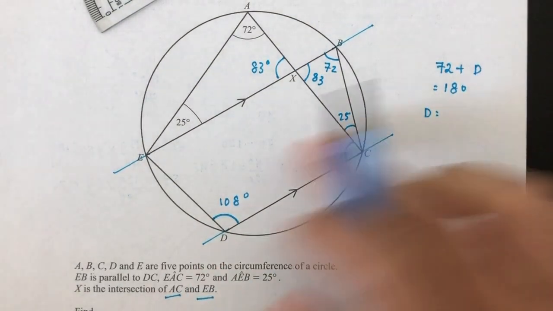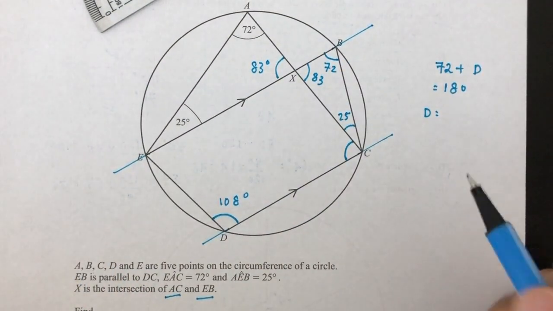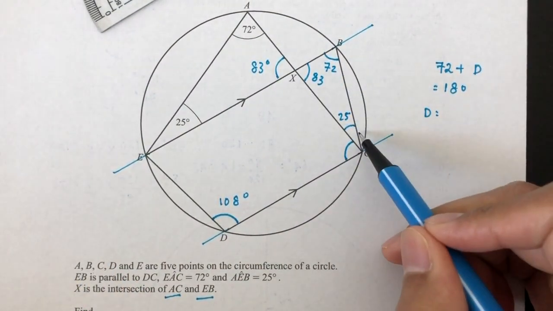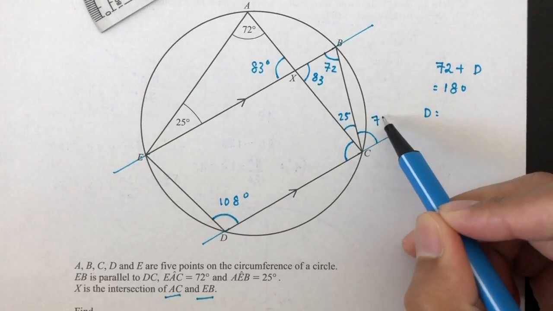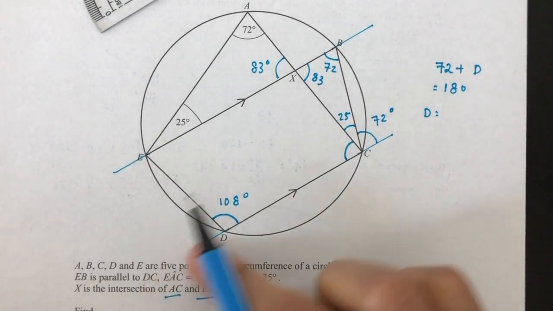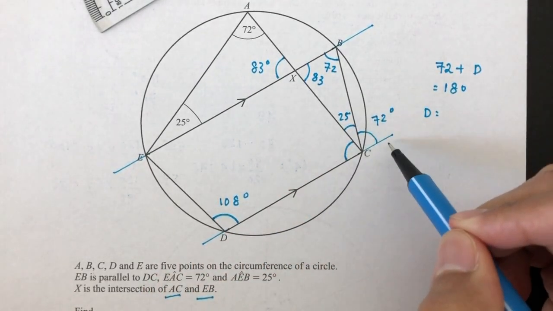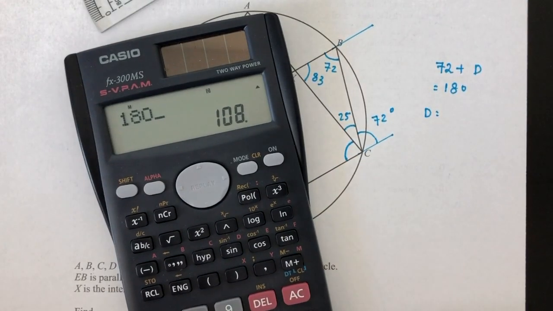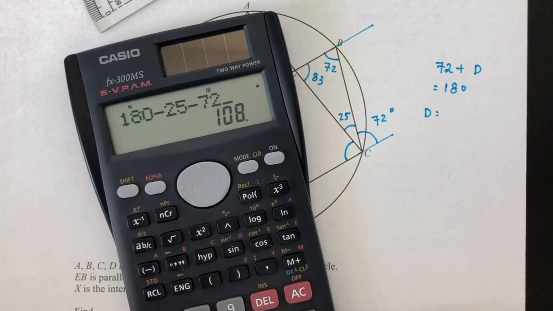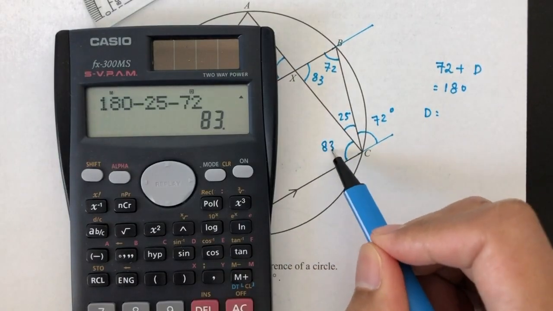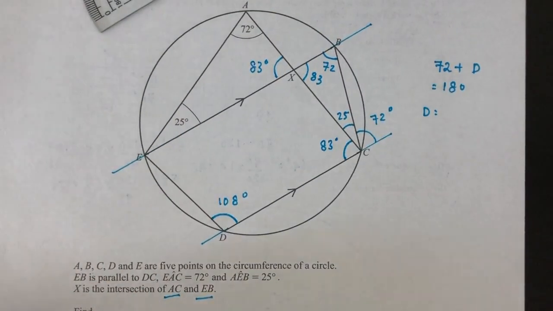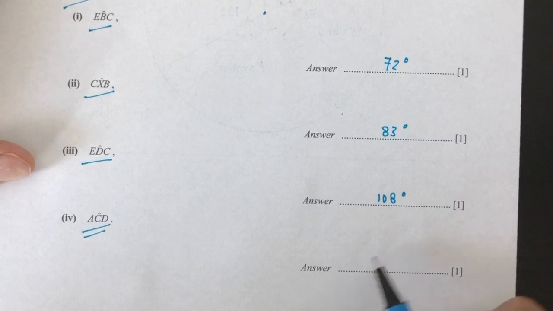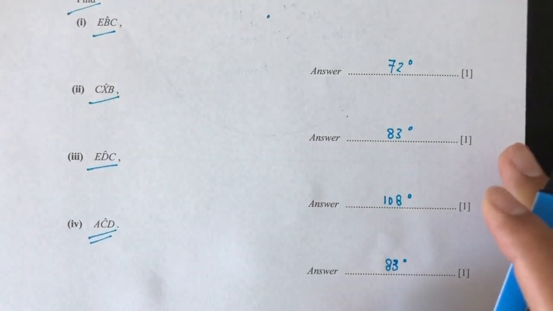These two lines are in the same direction, so this angle here is equal to this angle here, which is 72. And if this is a straight line, this whole angle here will be 180. So this angle will be 180 minus 25 minus 72, which will be 83. So angle C will be 83. That's part 4 of the question. 83.